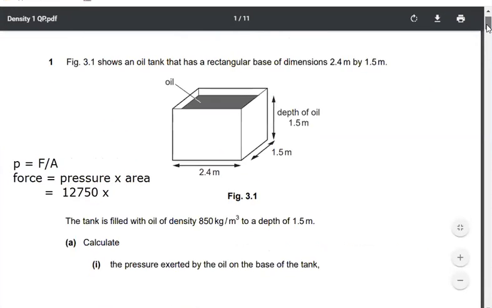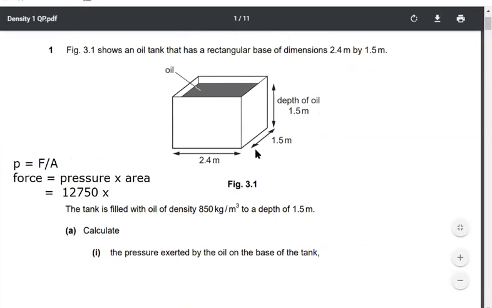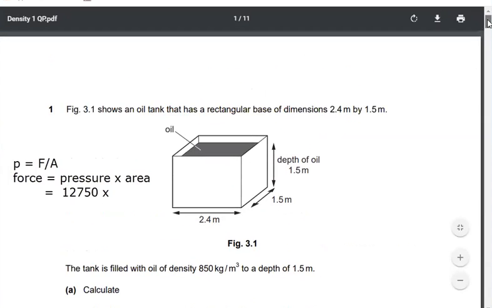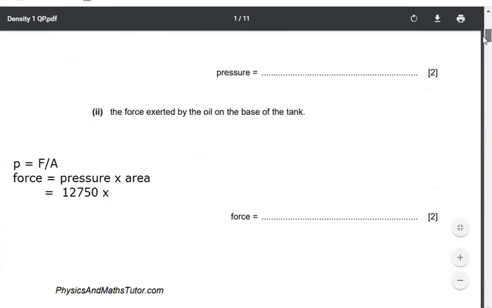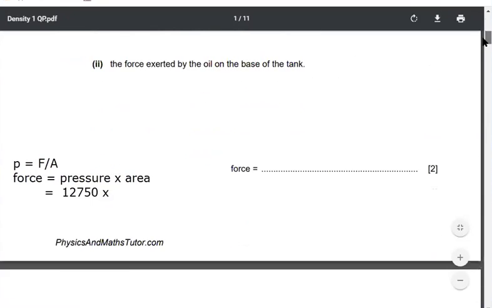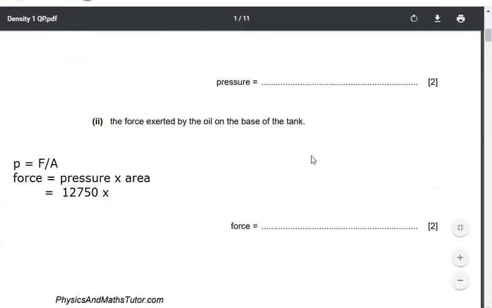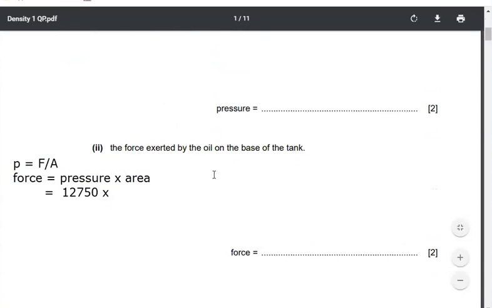The area of the base means this bottom part, which is 1.5 into 2.4.